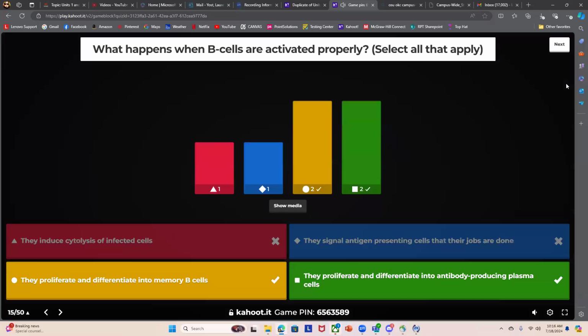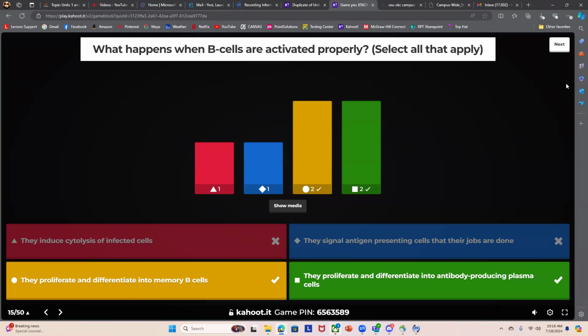Okay, so there's actually one more answer to this other than these, but they proliferate and differentiate. That's what they do, right? We activate a naive B cell, and the first thing it's going to do is proliferate. Then the proliferated products are going to turn into whatever they need to be.